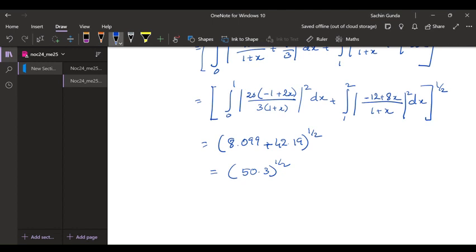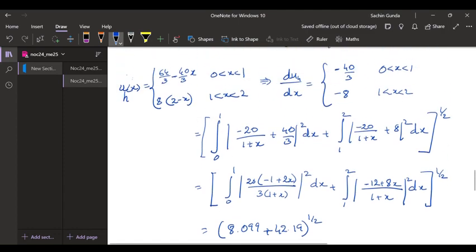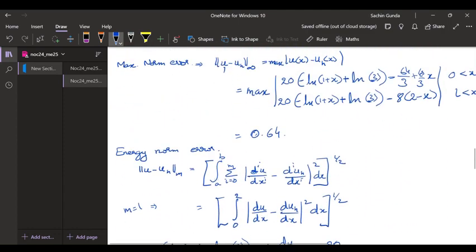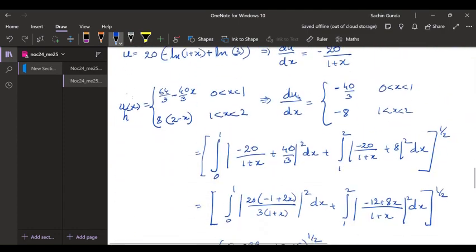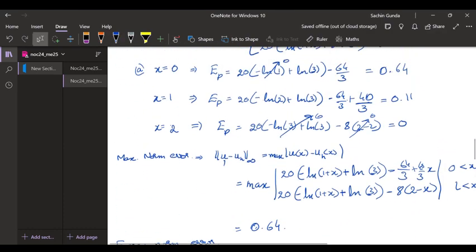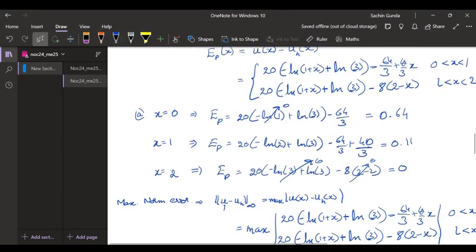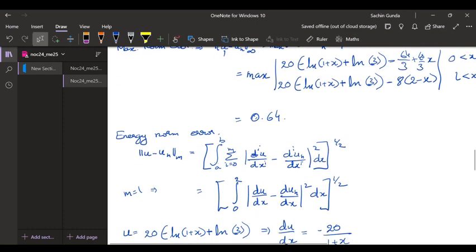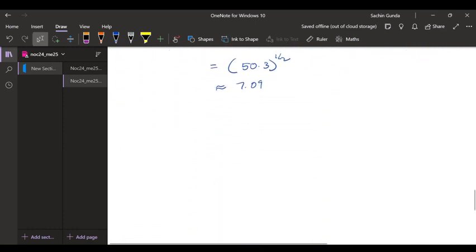Square root of 50.3 is roughly 7.09, and this is the energy norm. You can notice that when compared to pointwise error and max norm error, energy norm is higher in value.